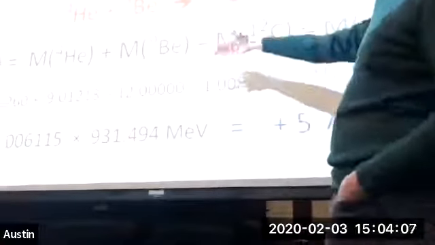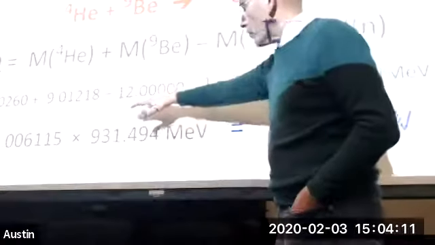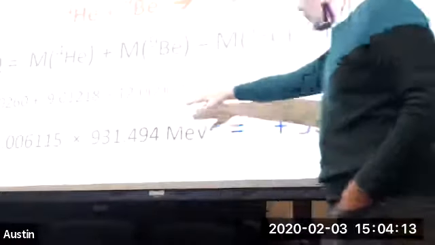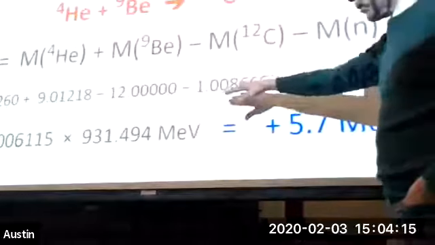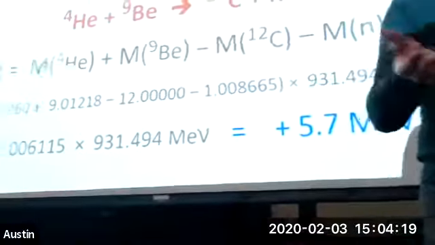You could have done this with the mass excesses, but this is what it looks like written out as AMUs, which is the other way of calculating. 12 exactly, 1.0865. The difference between that is an AMU, but how much is an AMU? An AMU is 931.5, and out of that comes 5.7 MeV. That's a very, very typical energy for an alpha particle being emitted from a source.